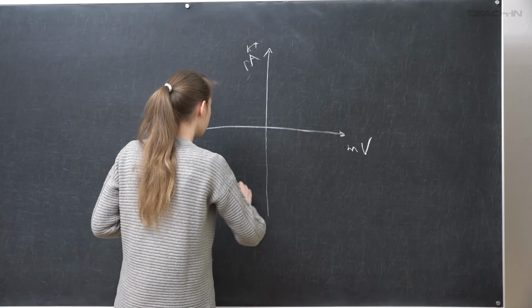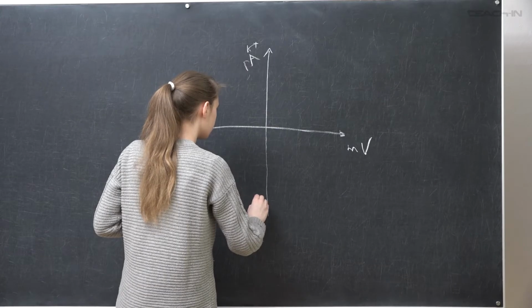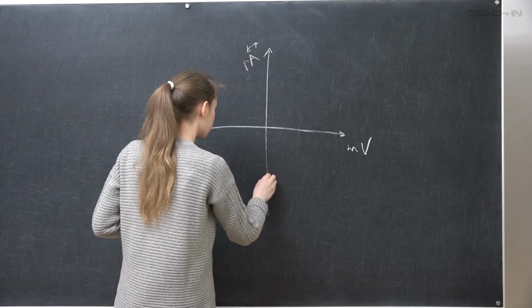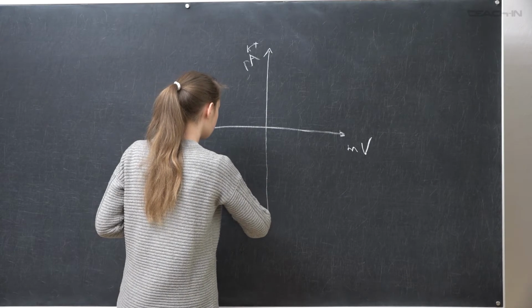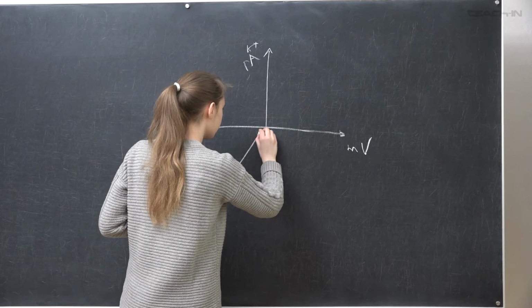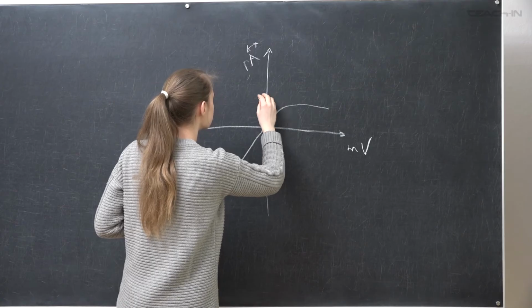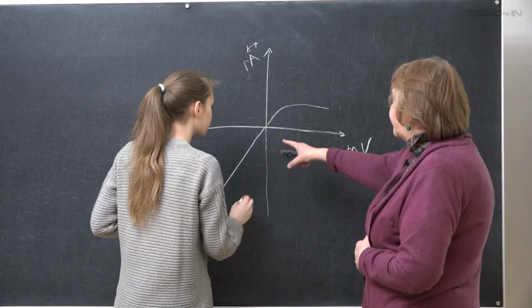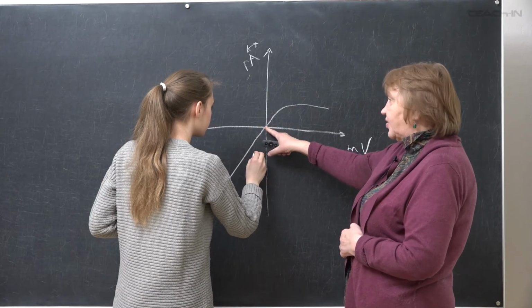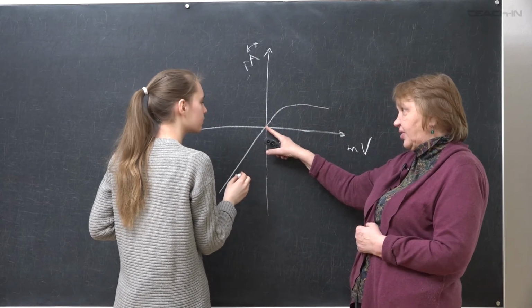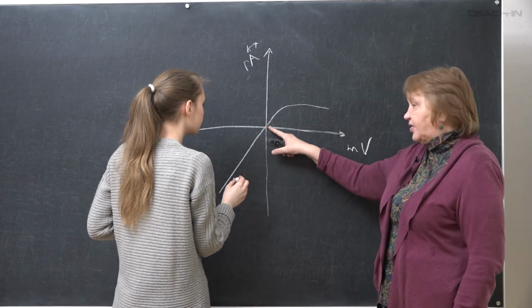Yes. It is inward rectifying, so there is no outward current. Then it would look like this. Yes, pretty much, and it crosses over here because the concentration is the same, right? Yes. When there is 0 millivolts.